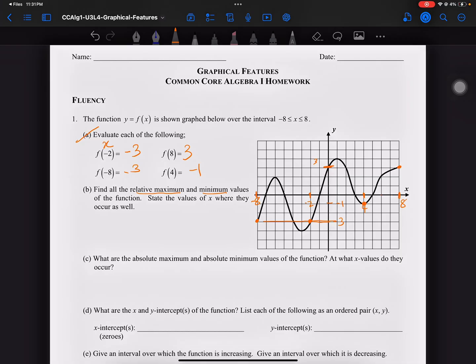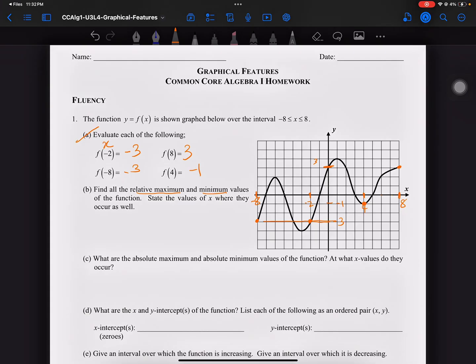So first we scan the graph from left to right. When the curve goes up then down, that's the relative maximum. When the curve goes down then up, that's a relative minimum.